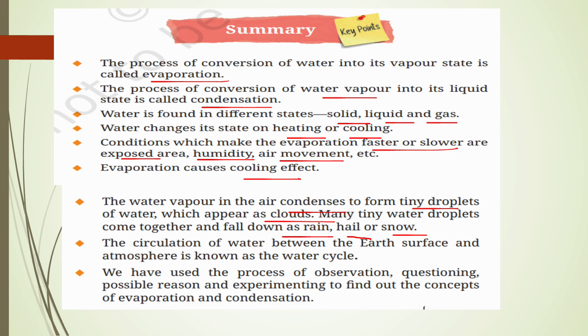Many tiny water droplets come together and fall down as rain, hail or snow. The circulation of water between the earth's surface and atmosphere is known as the water cycle. We have used the process of observation, questioning, possible reason and experimenting to find out the concepts of evaporation and condensation.